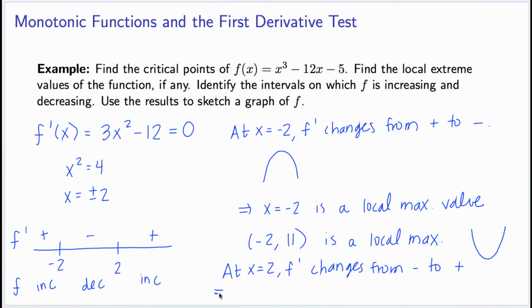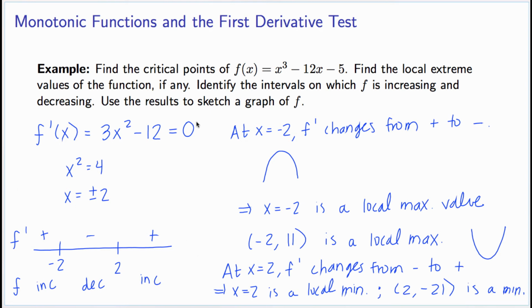So we see that x equals 2 corresponds to a local minimum, and our point, if we just plug in x equals 2, we get 2 cubed minus 12 times 2 minus 5, which gives us negative 21. So (2, -21) is a local minimum value of this function.